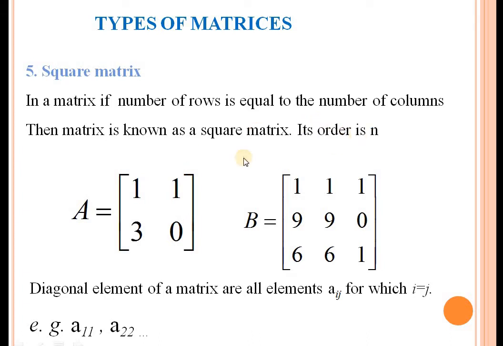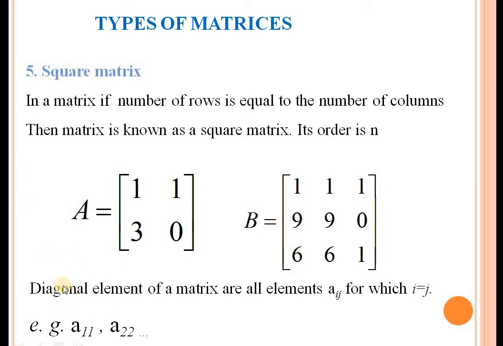Sometimes it is denoted by that common number n, so A is a matrix of order 2. Here matrix B has 3 rows and 3 columns, so B is a matrix of order 3. This is a very important matrix, the square matrix.